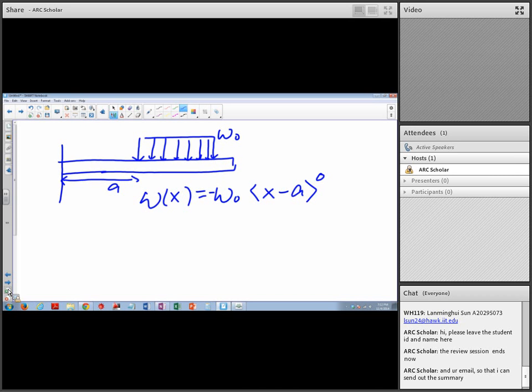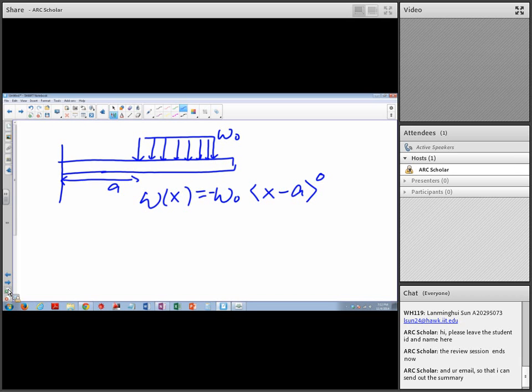For the rectangular, because here it is the same, it's h, right? It's h. So h times x minus a plus b, and now the power is 0 because it's a distributed load. The rectangle is a distributed load. And now I cut out this part and I'm still left with the triangular part.